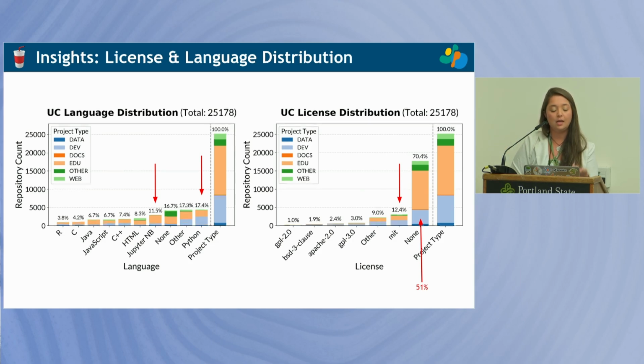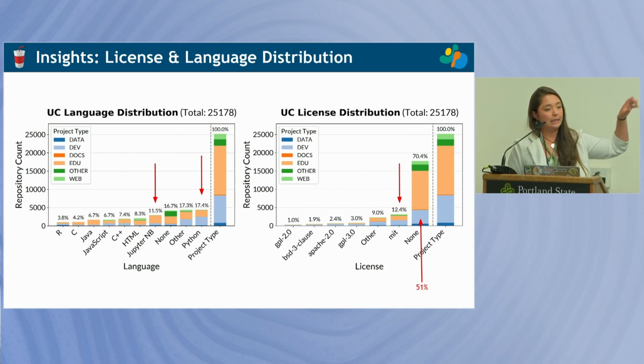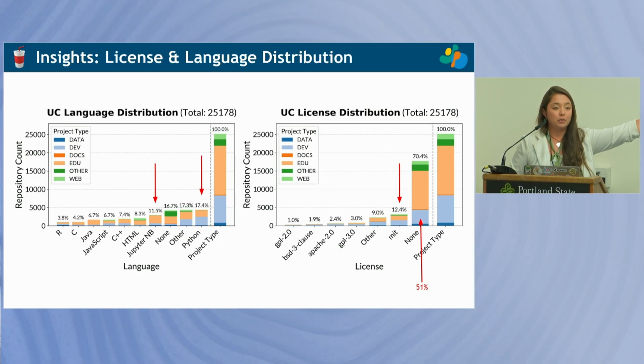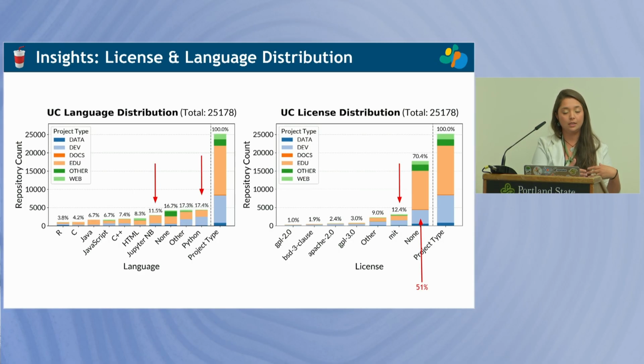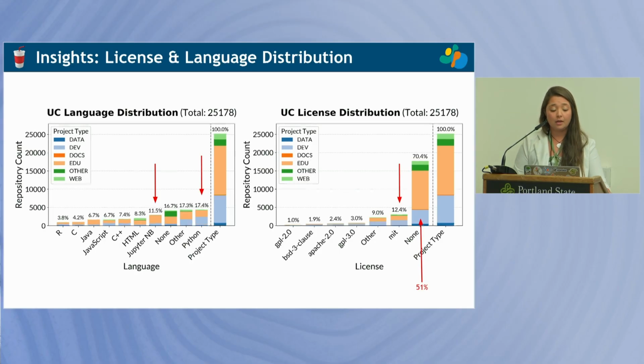But if we look at the educational ones, the lighter orange ones, Jupyter Notebooks is the most common language for those education-related projects. Other languages that show up to be popular: HTML, C++, JavaScript, all the way to C and R.